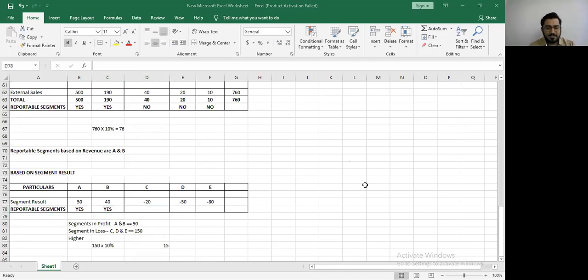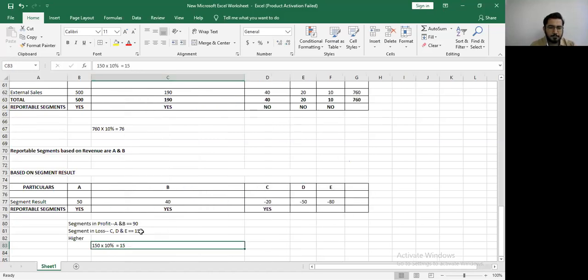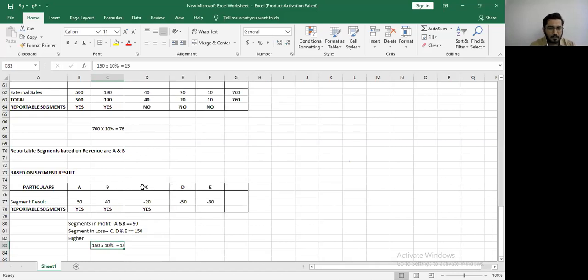What about segment C? Is segment C reportable? Yes, again it exceeds the 10% criteria. Segment C is reportable. What about the next one?